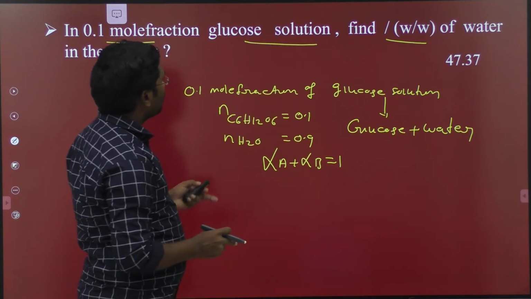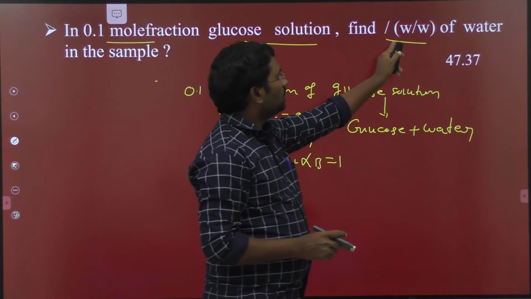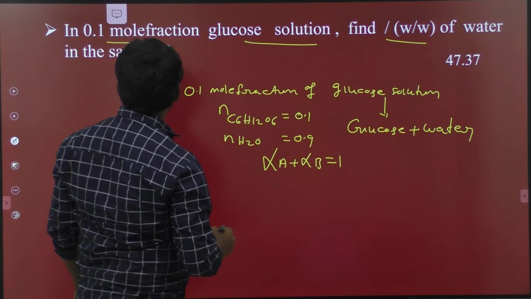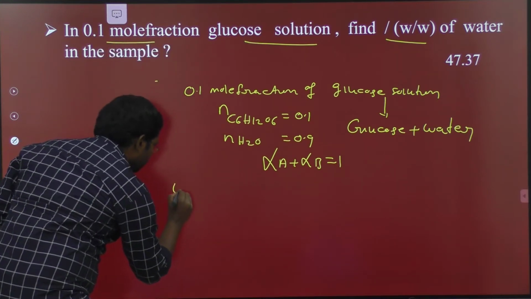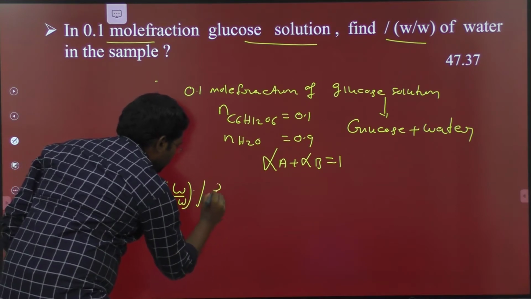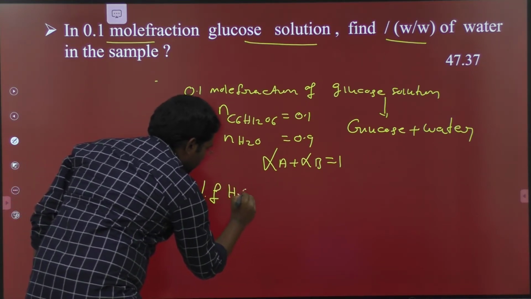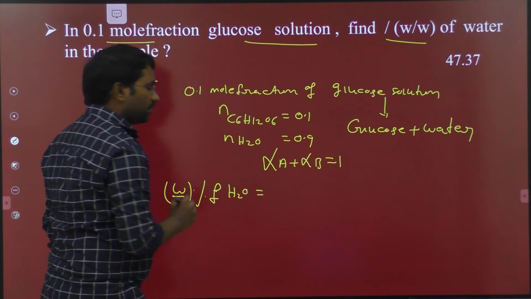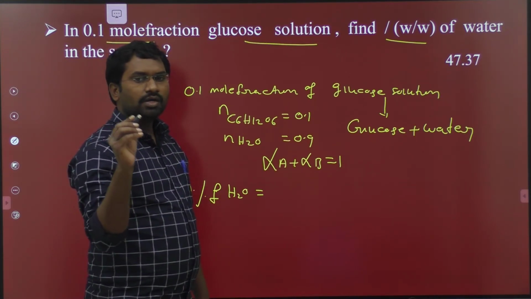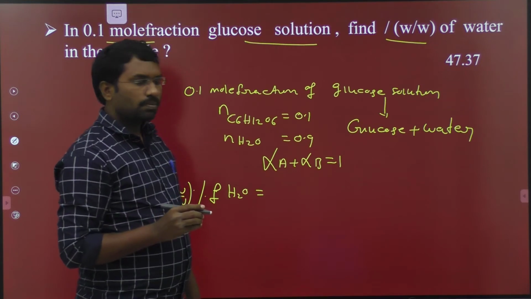Now we have to find the weight by weight, that is mass percentage, of water in the sample. From the definition of mass percentage, it is the mass of that component divided by the total mass of the solution, into 100.